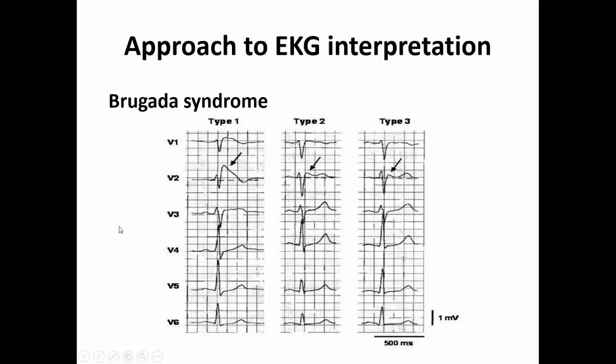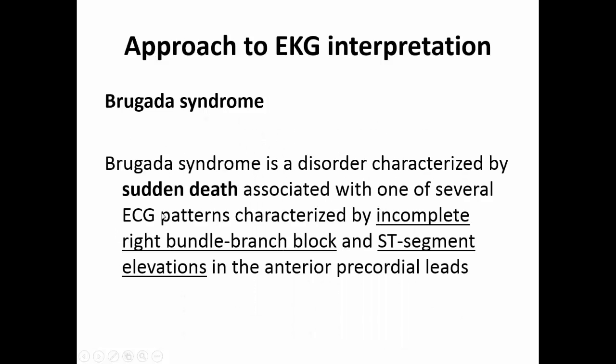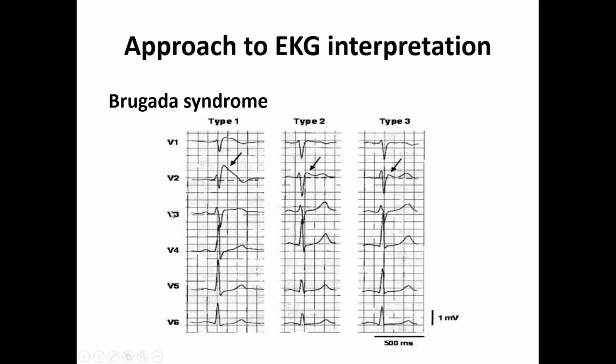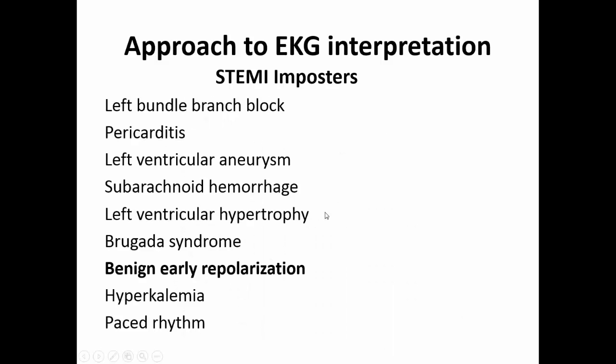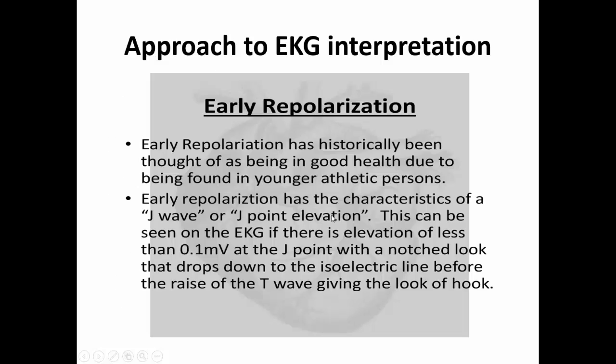So just something for you to take a look at and review, especially if you get a younger person who gets hit in the chest, and they're really having what seems to be musculoskeletal chest pain, and they have this EKG pattern. It'd be nice to be able to pick this up because you know there's a higher risk of sudden death. Most of these patients will get a pacemaker or defibrillator if it's picked up by cardiology. Benign early repolarization is also a STEMI mimicker.